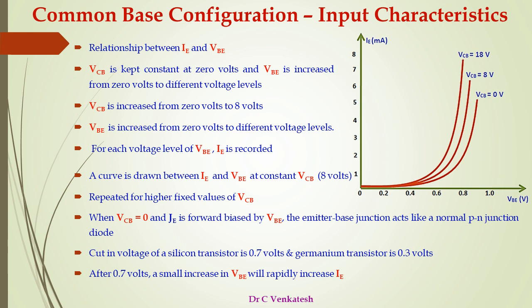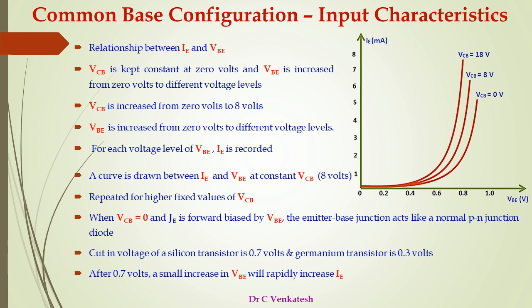To determine the input characteristics, the output voltage VCB, collector base voltage, is kept constant at 0 volts and the input voltage VBE is increased from 0 volts to different voltage levels.